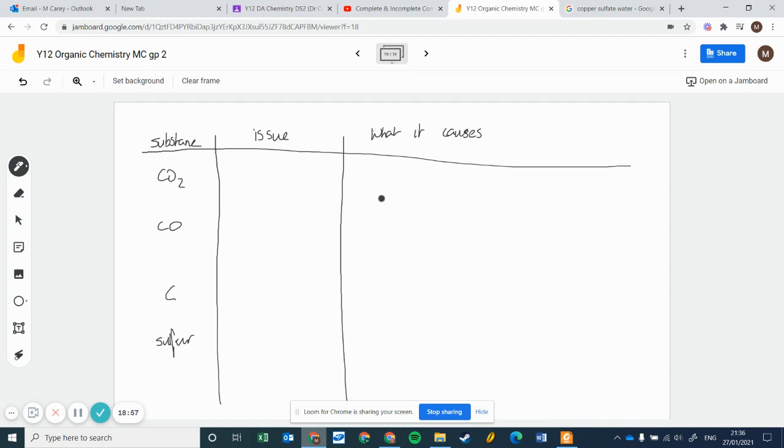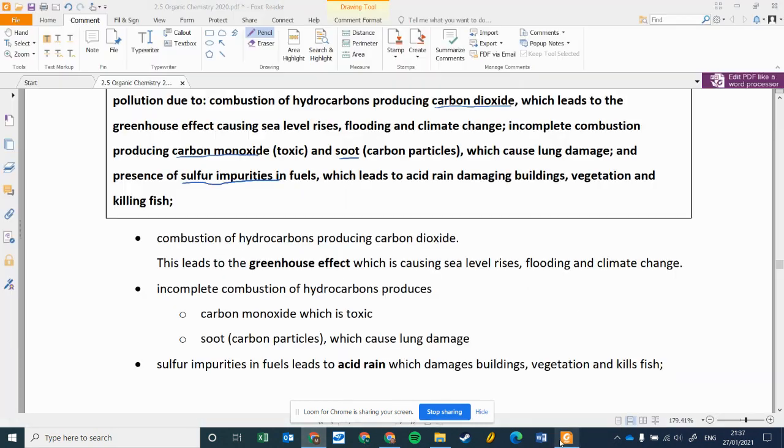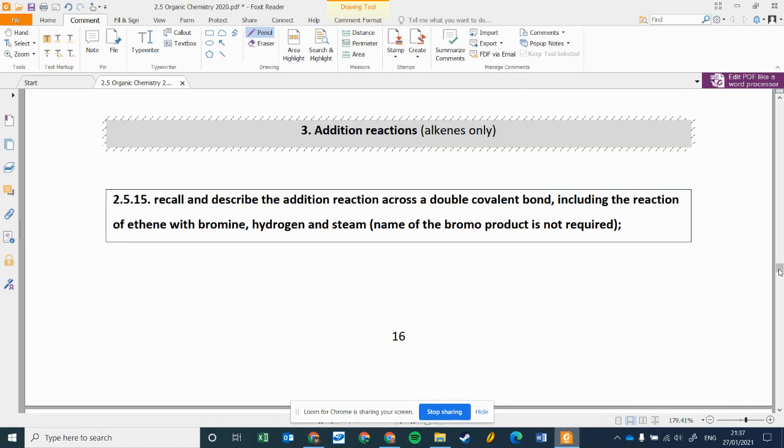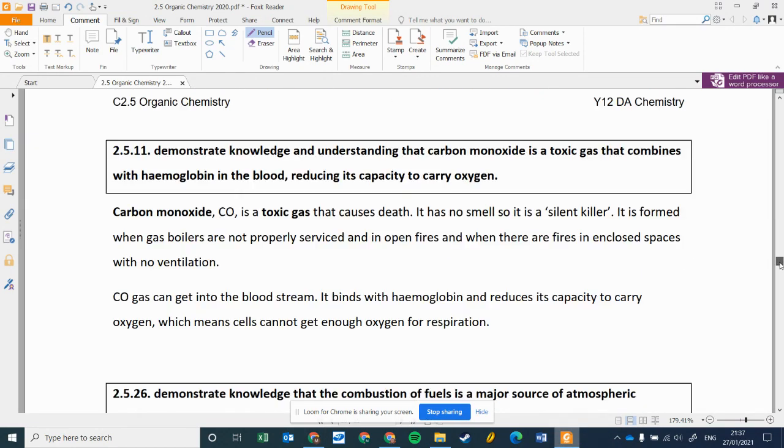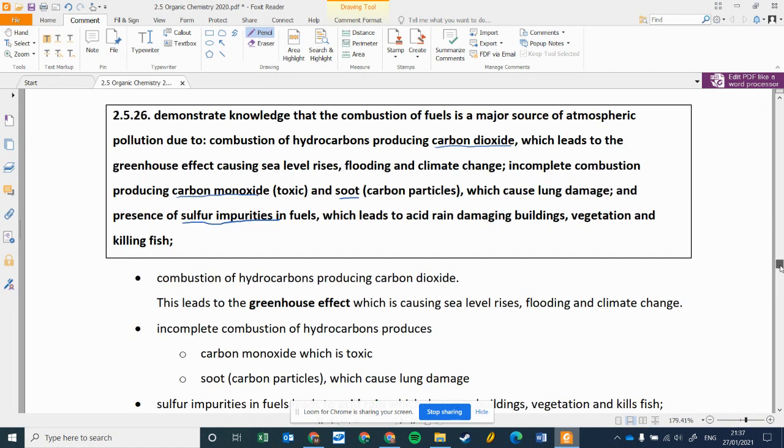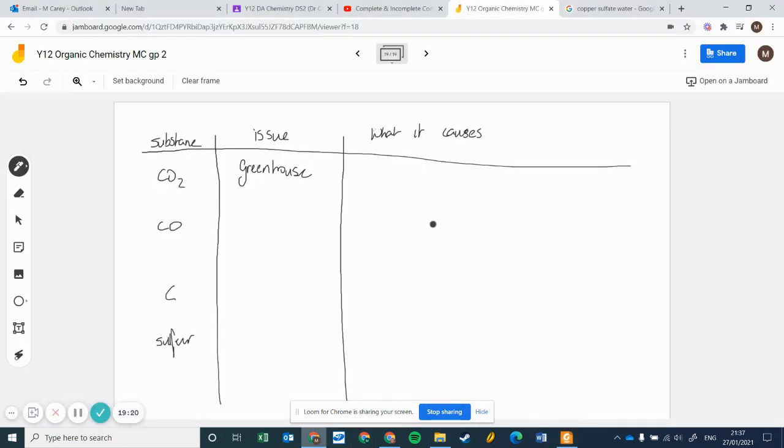For example, the issue with carbon dioxide is that it's a greenhouse gas. Then, if you look in the notes, I would just lift directly out of this. It causes sea level rises, flooding, and climate change. So add that to the table: sea level rises, flooding, and climate change.